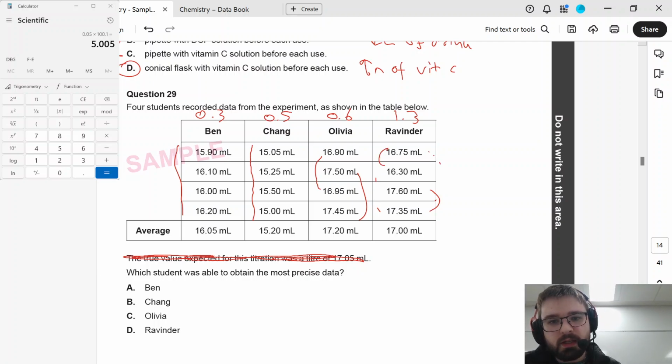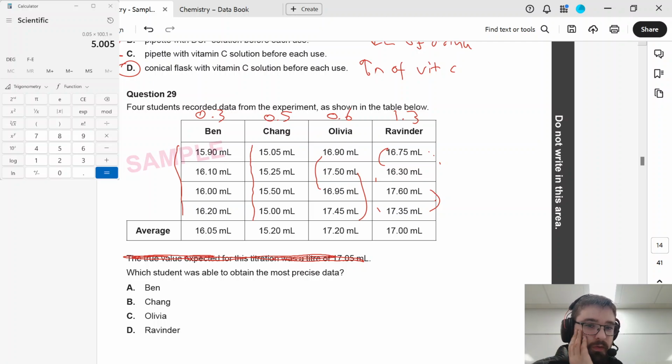So they're similar and they're similar, really. Chang, again, you could maybe remove the 15.5 as an outlier and then they're all within 0.25. But overall it seems like they're going with Ben. Normally the answer to these is pretty clear.